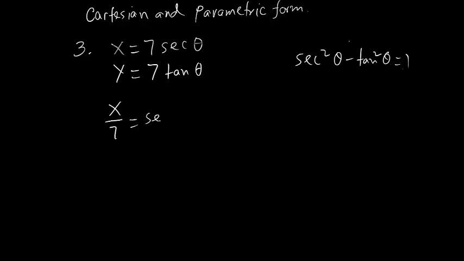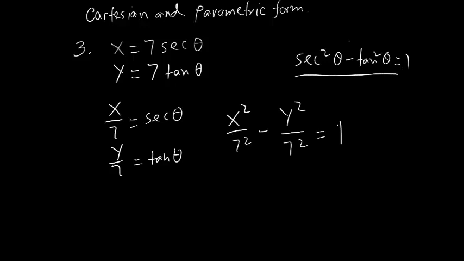Isolate: x over 7 is secant theta, y over 7 is tan theta. Now we need to square and subtract because I want to get secant squared theta minus tan squared theta, which is 1, and this one is called a hyperbola, right? This is a hyperbola. The center will be at 0, 0. All right, so you got this one, hyperbolic form.